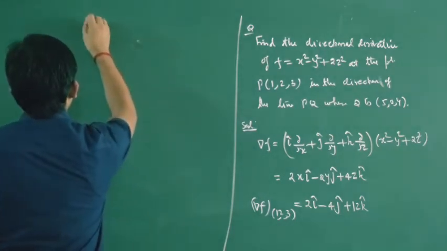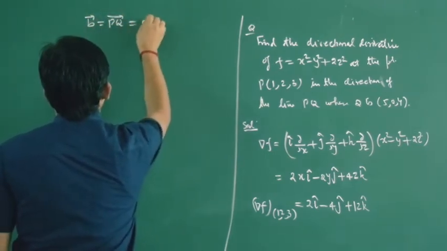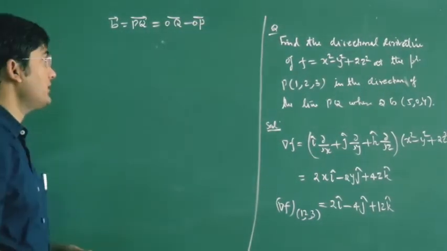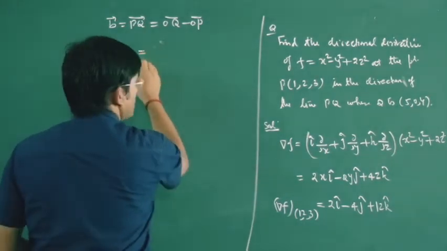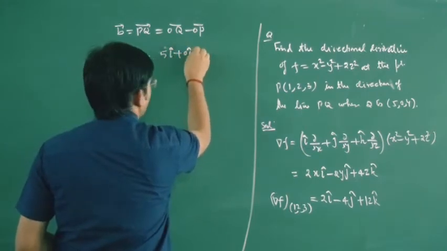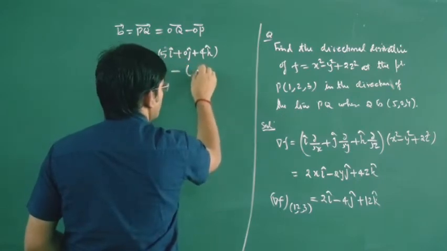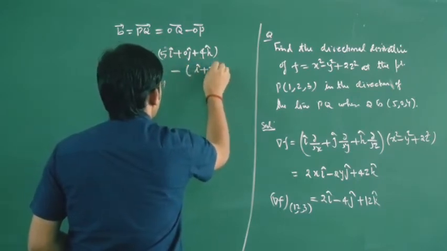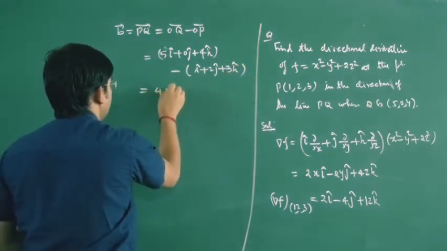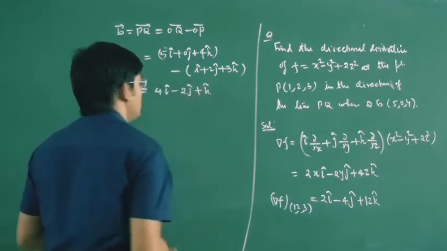Let b be the vector in the direction PQ, then this will be OQ minus OP, where OQ is the position vector of Q. Your Q is 5i plus 0j plus 4k, then your P is i plus 2j plus 3k. So the direction is 4i minus 2j plus k. So this is the direction.